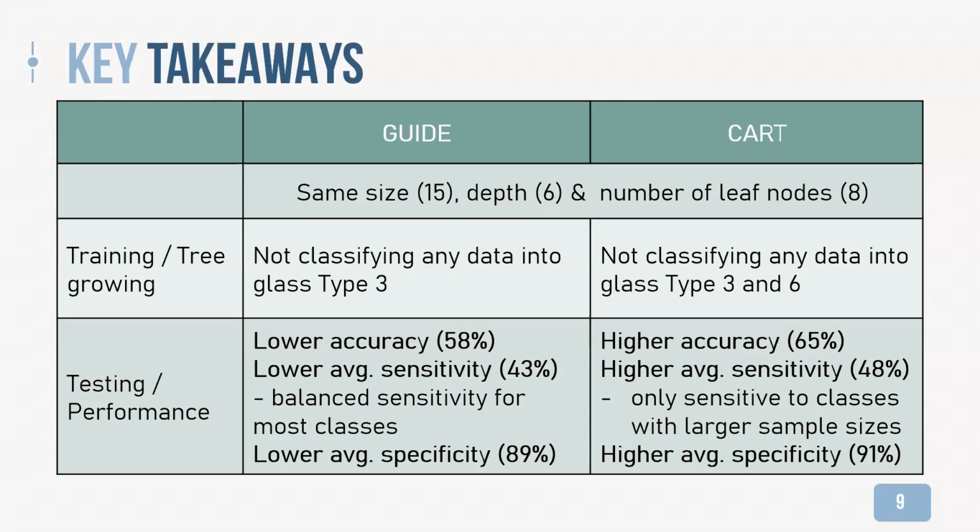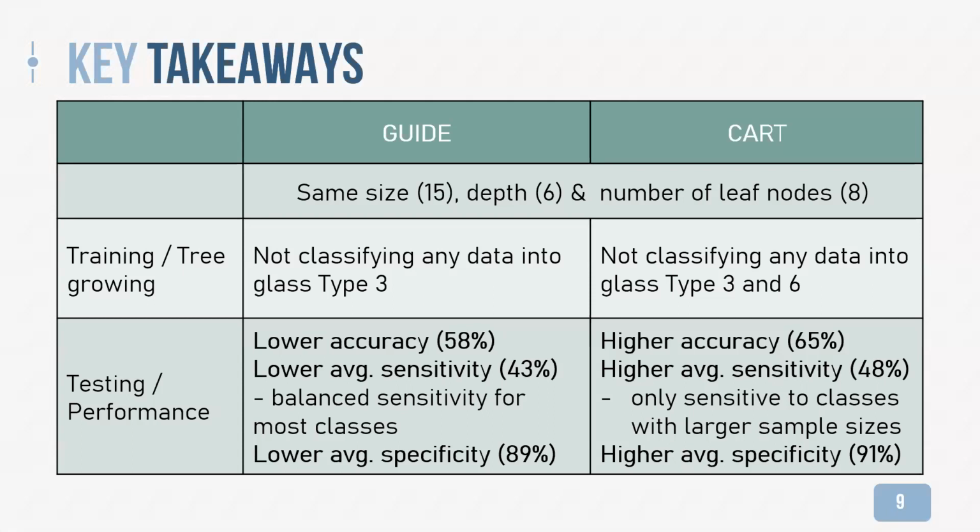And for the testing performance of these two trees, GUIDE has lower accuracy, also lower average sensitivity. Here we use the average because each class has its own sensitivity, so we just calculate and average it out. And also lower average specificity compared to the caret tree.